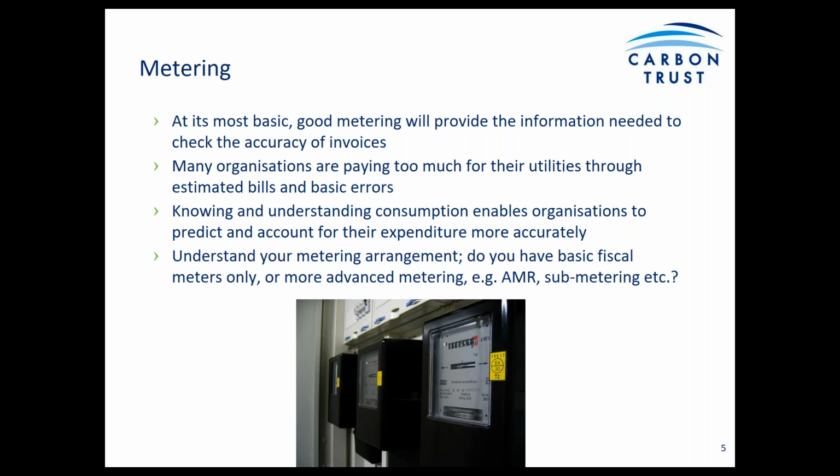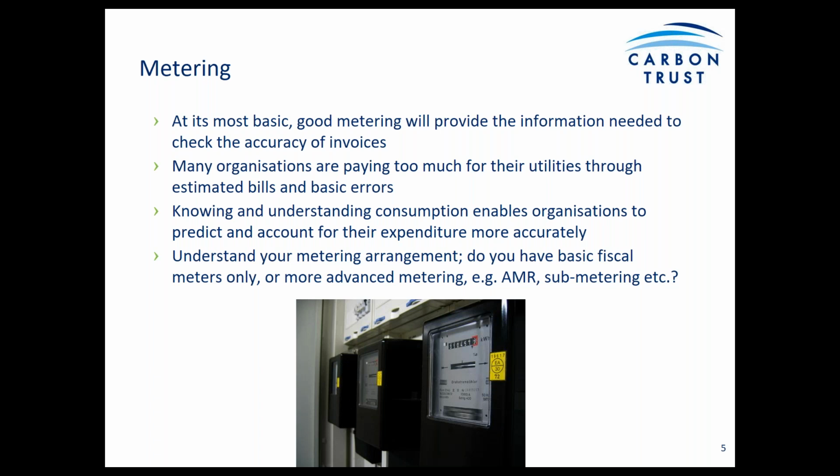Electricity is measured by the number of kilowatt hours passing through the meter, while gas tends to be measured by volume, so either in cubic meters or cubic feet, which will then be converted into kilowatt hours for the purposes of billing. At its most basic, good metering will provide the information needed to check the accuracy of the invoices. However, it is unfortunately not uncommon to see businesses paying too much for their utilities through estimated bills or just basic errors in accounting.